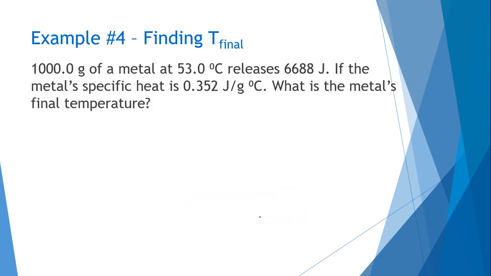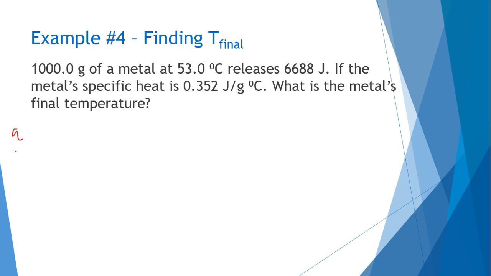With that being said, let's actually find and do an example where we're finding the final temperature. So here it says 1,000 grams of a metal at 53 degrees Celsius releases 6,688 joules. If the metal's specific heat is 0.352 joules per gram Celsius, what is the metal's final temperature?